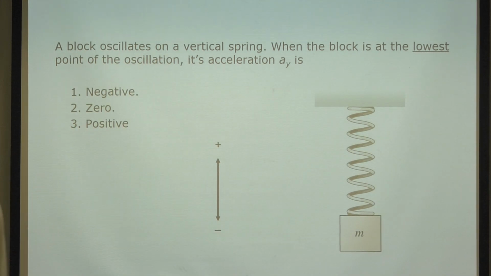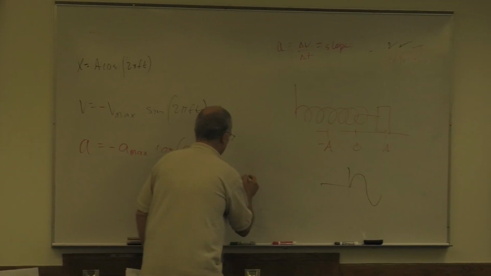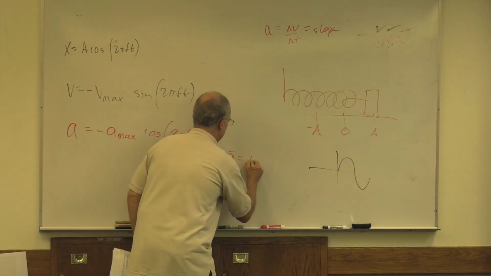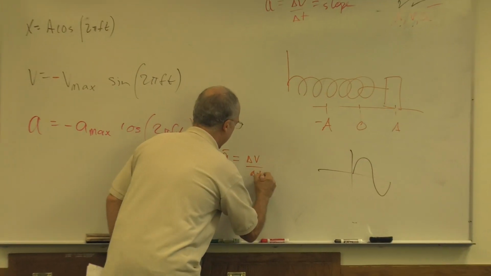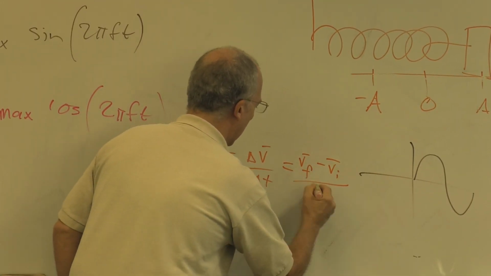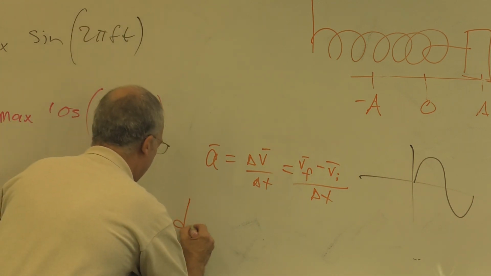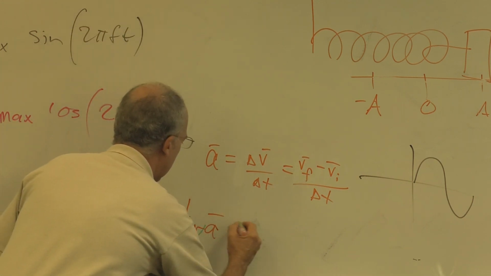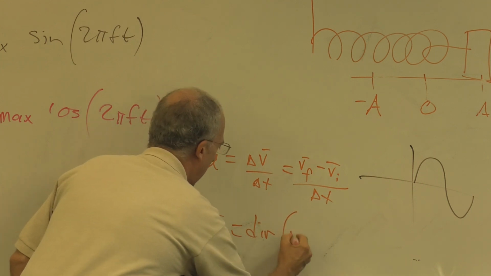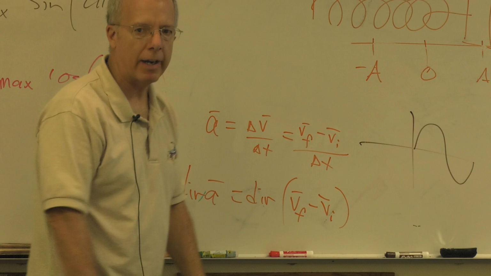Remember, a equals delta v over delta t, and that's v final minus v initial over delta t. So what we learned a long time ago is that the direction of a equals the direction of v final minus v initial.